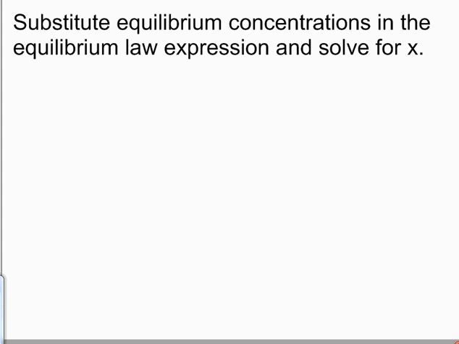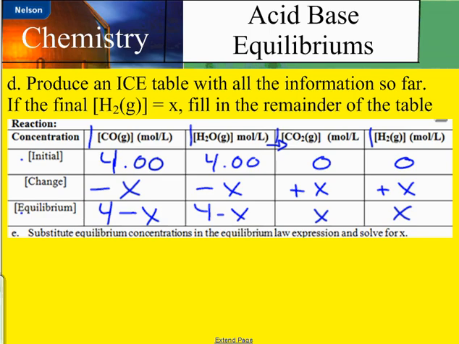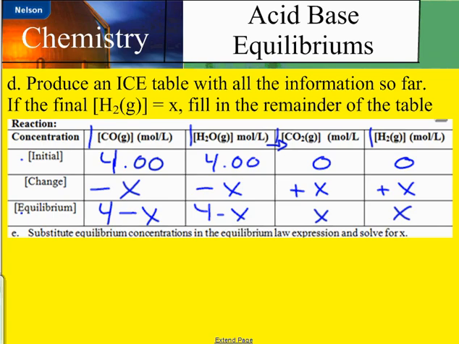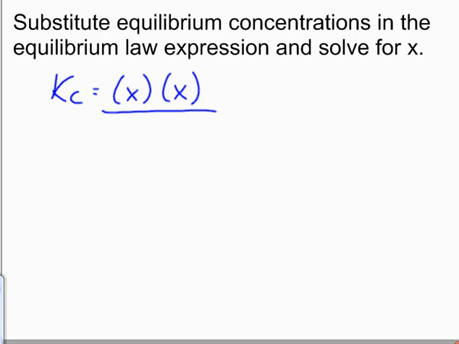So it's products over reactants. And my products are both X to the power of 1. So X times X divided by, the reactants are both 4 minus X. So we have 4 minus X times 4 minus X.